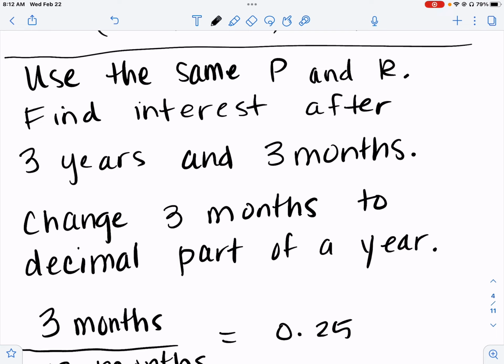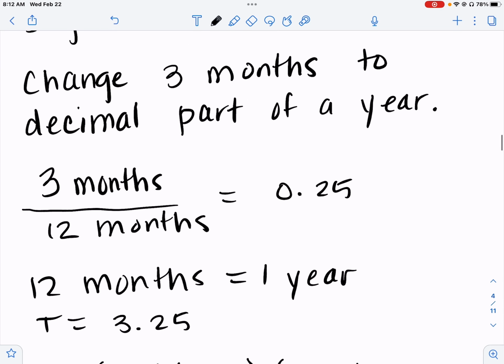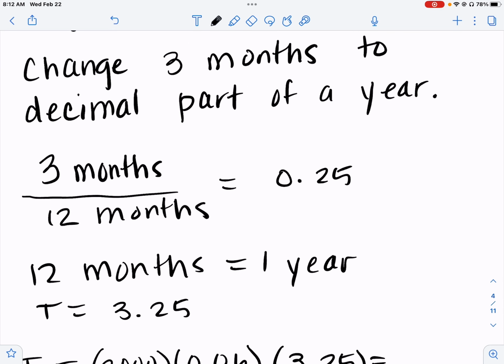Using the same P and R, find the interest after 3 years and 3 months. We have to change 3 months to a decimal part of a year. 3 months out of 12 months is 0.25, 3 divided by 12. We use 12 because 12 months equals 1 whole year.